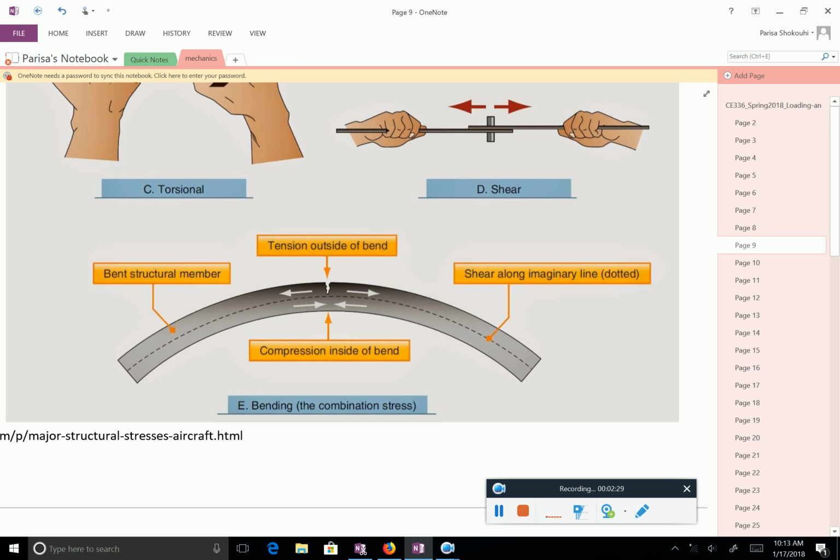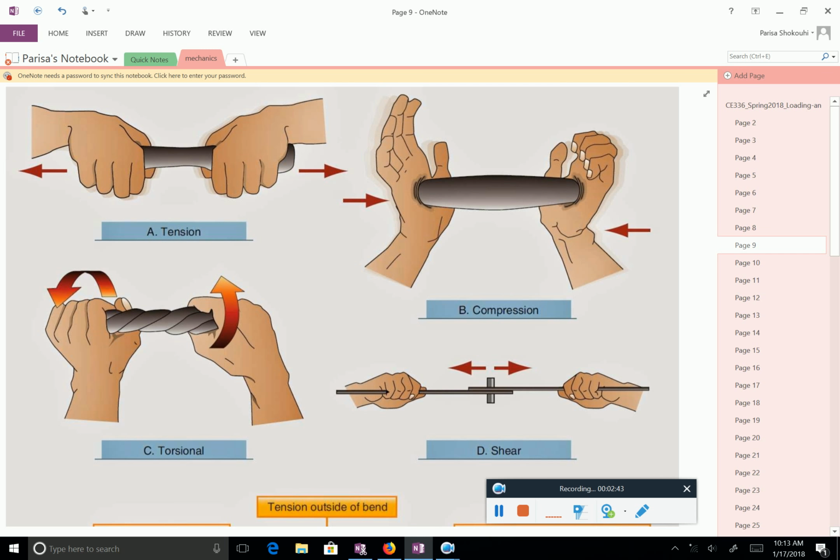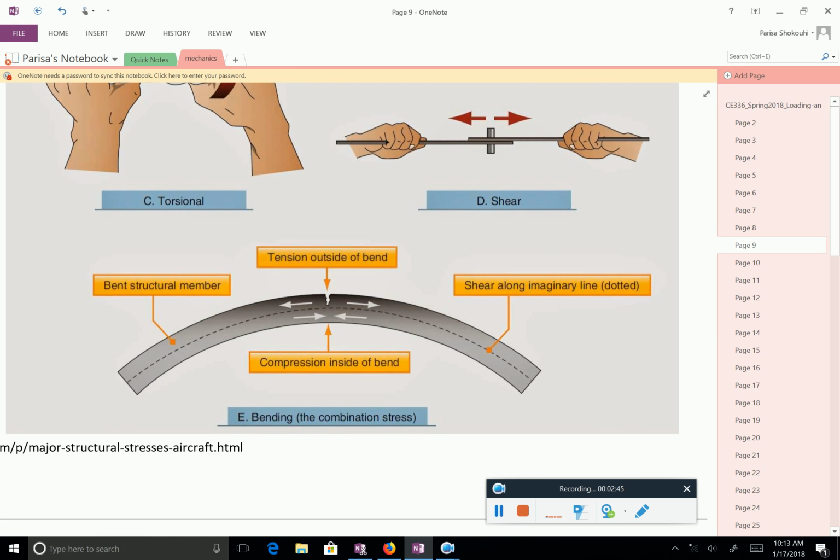So what you have in the cross section is actually a combination of tension and compression. So, thank you. Although they look very different from tension and compression, as you see up there, bending and tension and compression have the same nature. So just like torsion and shear, they have similar nature. Bending and tension compression, they have some similarities. Any question about this so far?